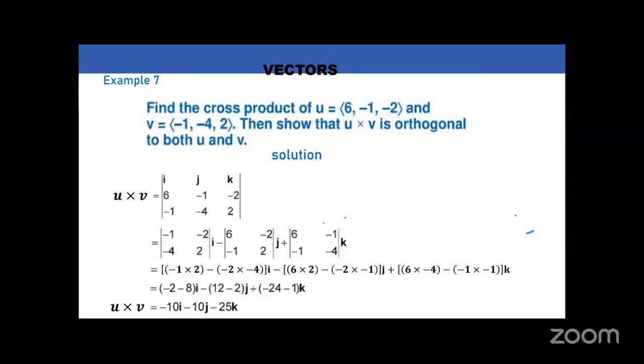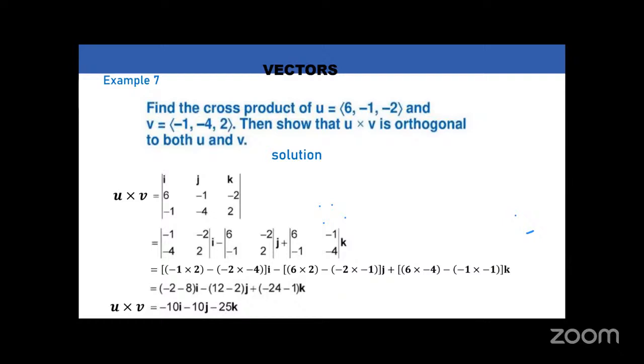So here we are asked to use the cross product method to show if U cross V is orthogonal to both U and V. Orthogonal means that the angle between the two vectors is 90 degrees. So what we are expected to do is to find the angle, just like the previous slide, where we found it to be 102.